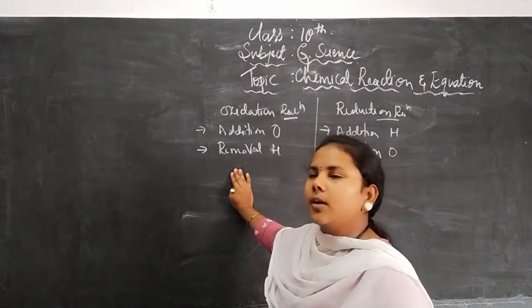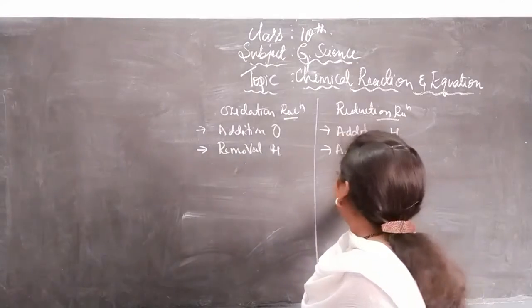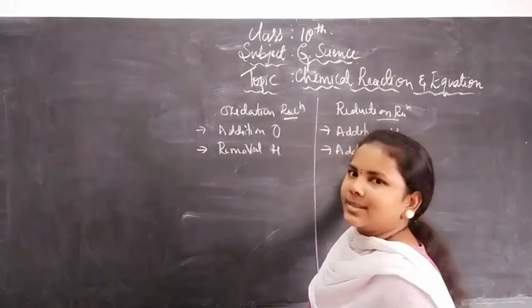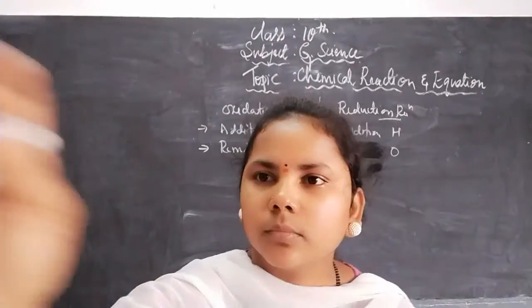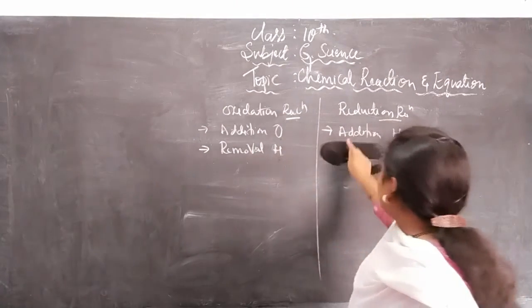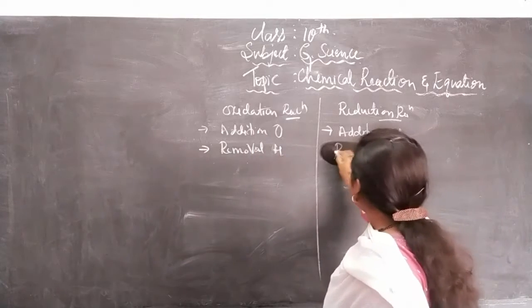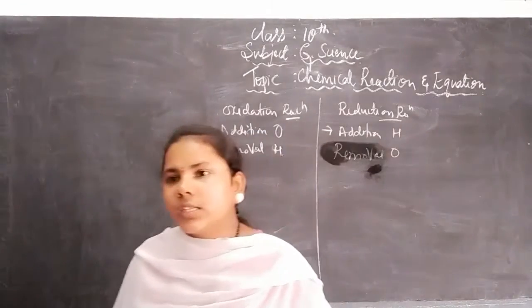You must have observed. Here, reduction means the addition of hydrogen and the removal of oxygen takes place. Understand? So here is the addition of oxygen, removal of hydrogen. But here is the addition of hydrogen and the removal of oxygen.